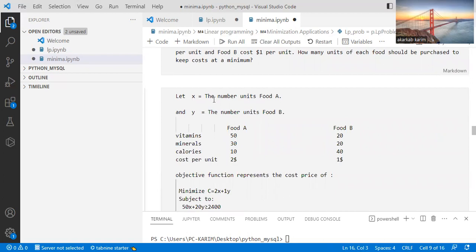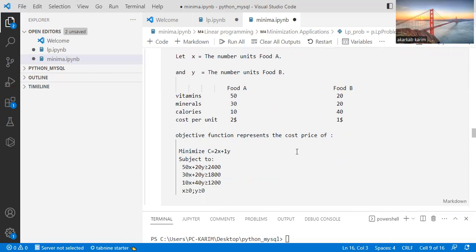So let's consider first variable x for food A, and y for food B. With this information, for vitamins we have 50 in food A and 20 in B. Minerals we have 30 in food A and 20 in food B. Calories we have 10 in food A and 40 in food B. The cost per unit we have $2 for food A and $1 for food B.